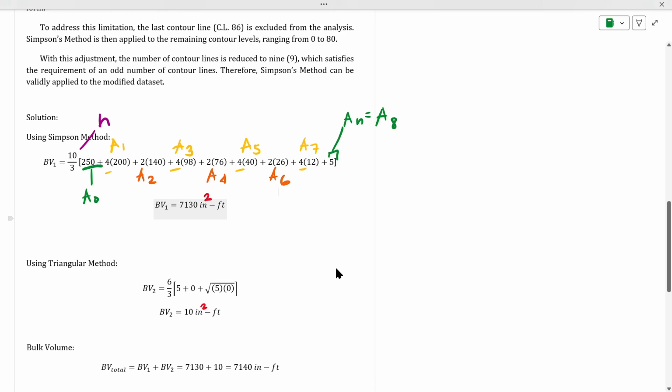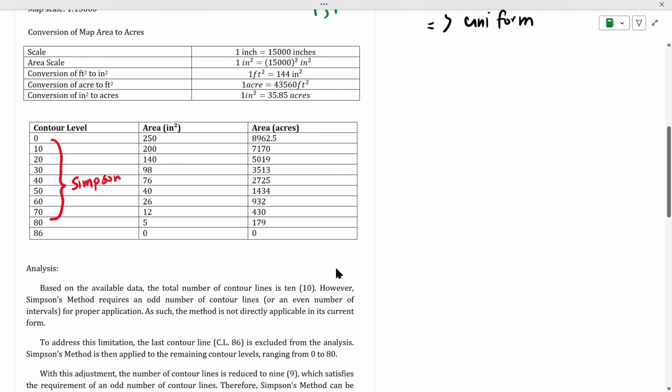Next, as for the final interval, we need to check if we use the pyramidal or trapezoidal method.